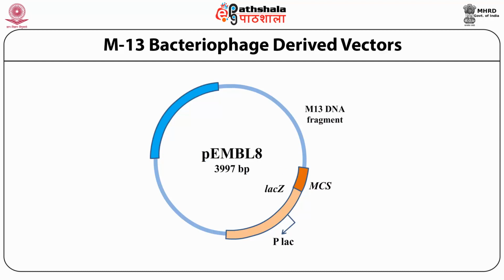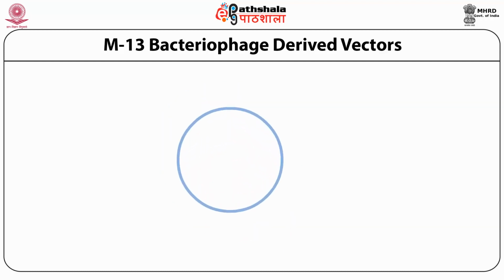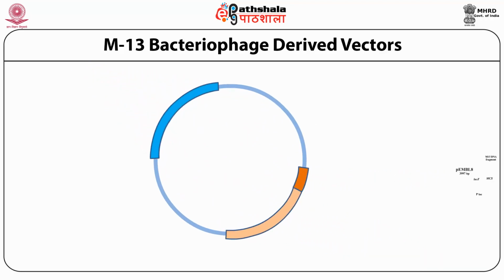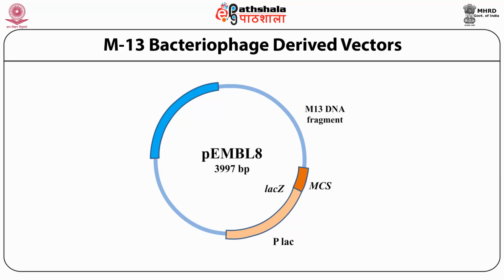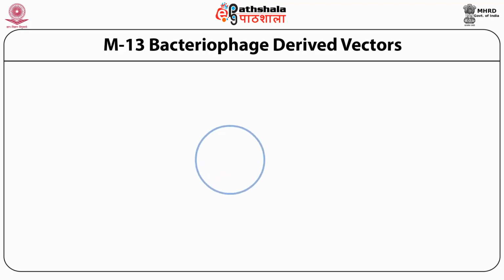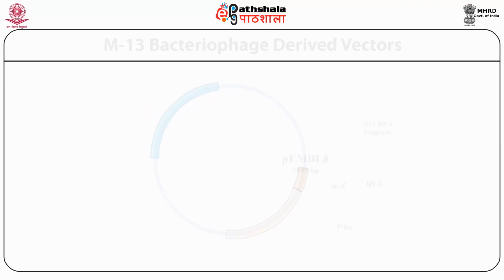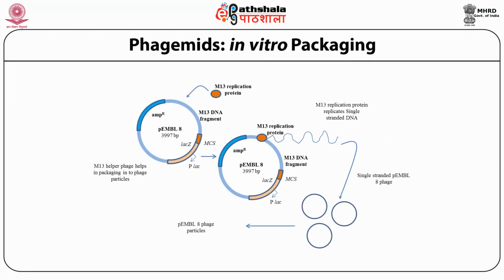However, the pEMBL plasmids have the advantages of being smaller than M13 vectors, and the purification of DNA is simple. In addition, long inserts have a higher stability in pEMBL plasmids than M13 vectors. Within a bacteriophage such as M13, the replication process is complex.